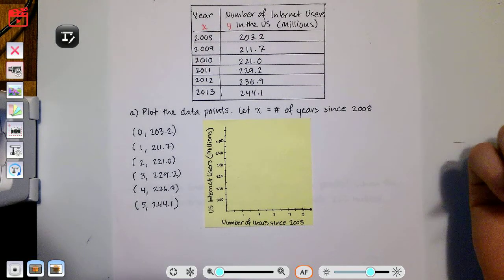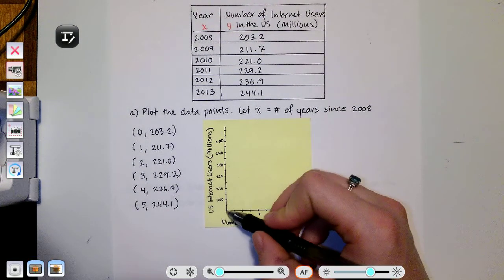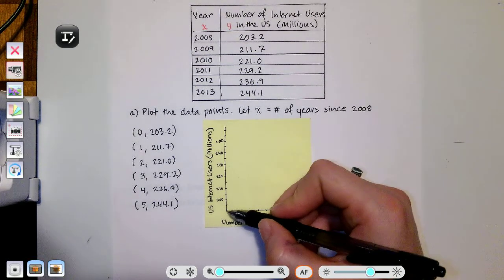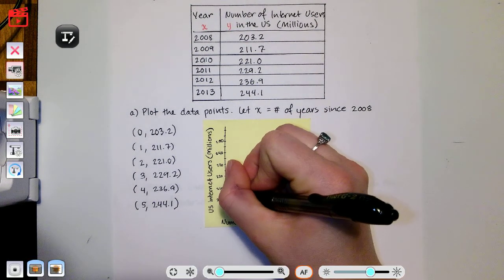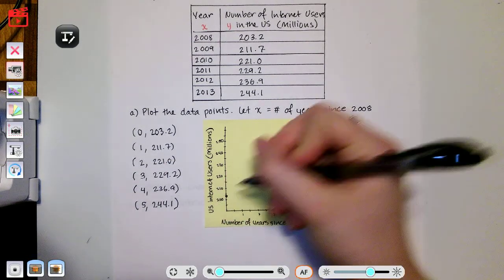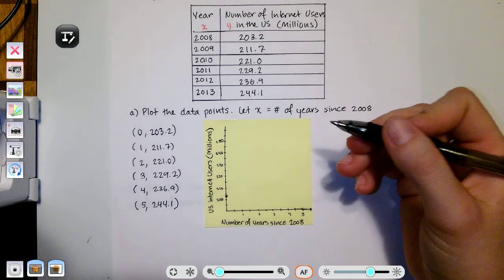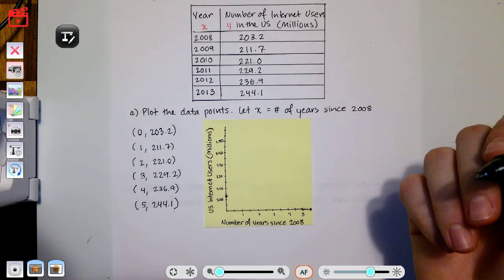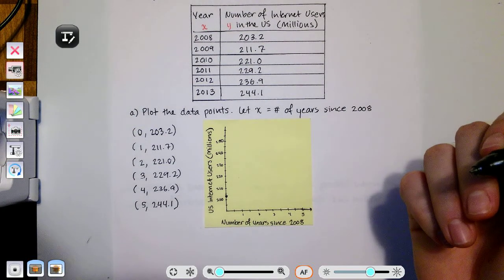Okay, so let's see. In the year 0, we were at 203.2. I'm not going to be super perfect on this, but let's say it's about there. I don't exactly have that much room on this graph, so I won't label those points.